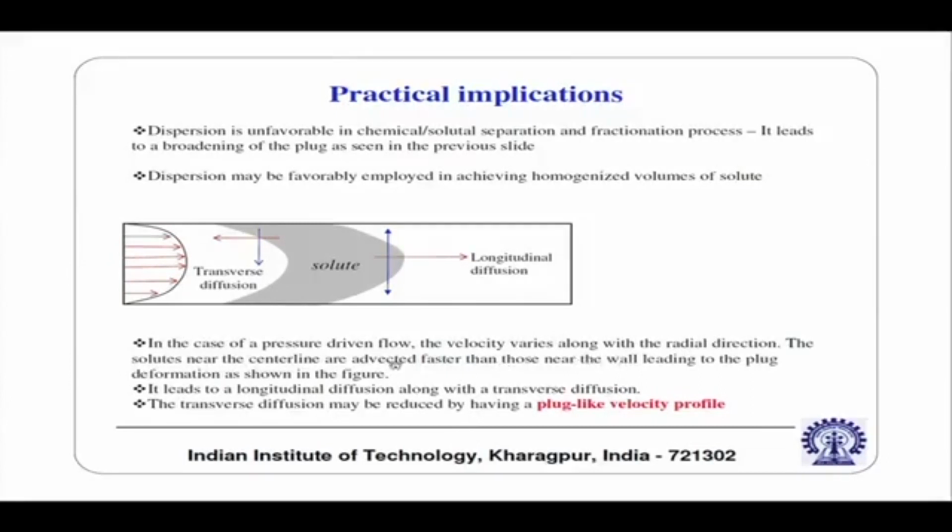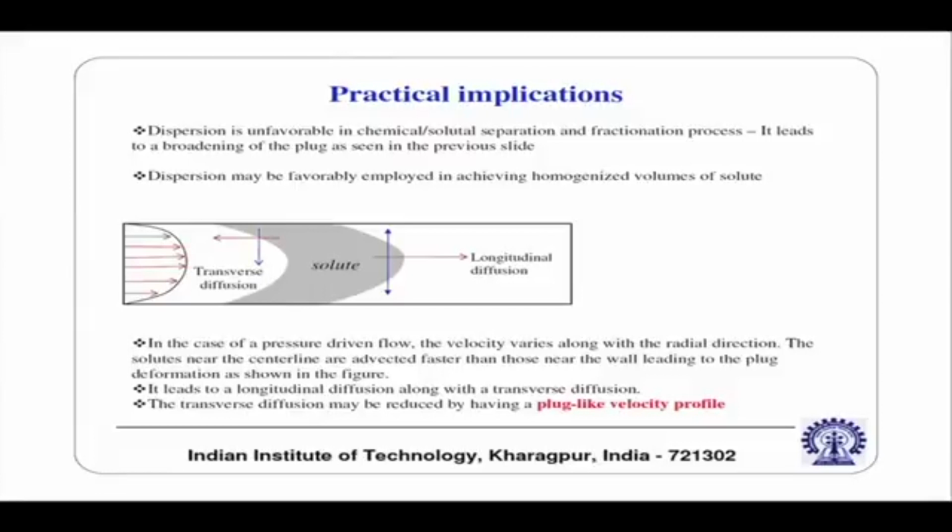The solutes near the center line are advected faster than those near the wall, leading to plug deformation. So whatever was a plug will deform because of the parabolic velocity profile. Along the center line the fluid will tend to move with a faster velocity, and at the wall the fluid will tend to move with a slow velocity. It leads to longitudinal diffusion along with transverse diffusion.